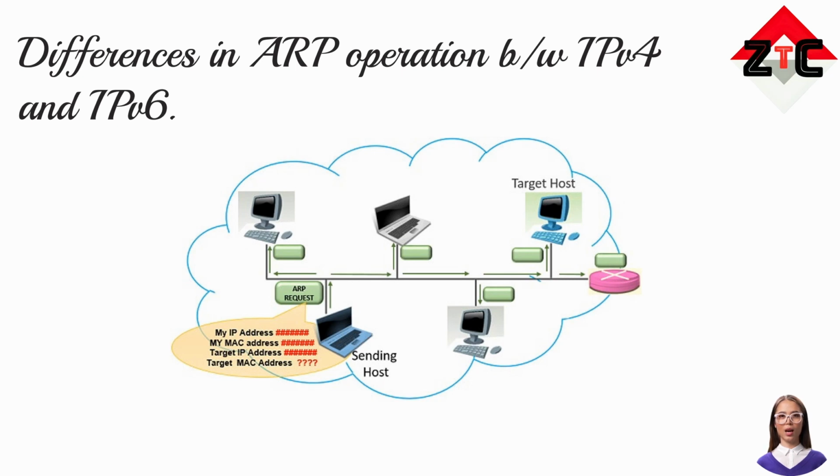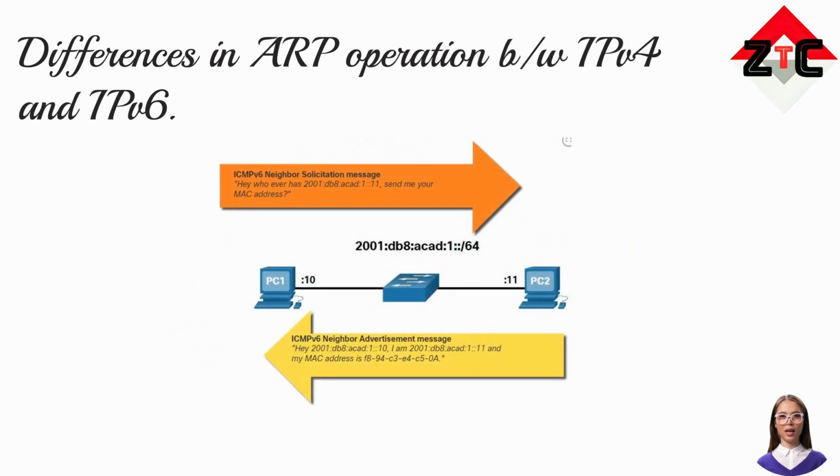In IPv4, ARP requests are broadcast to all devices on the local network segment, and responses are sent back directly to the requester. In IPv6, NDP uses multicast addressing for neighbor solicitation messages, which are sent to a solicited node multicast address. Neighbor advertisement messages are unicast back to the sender.